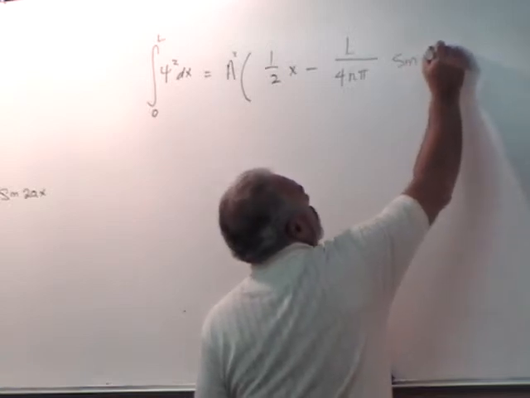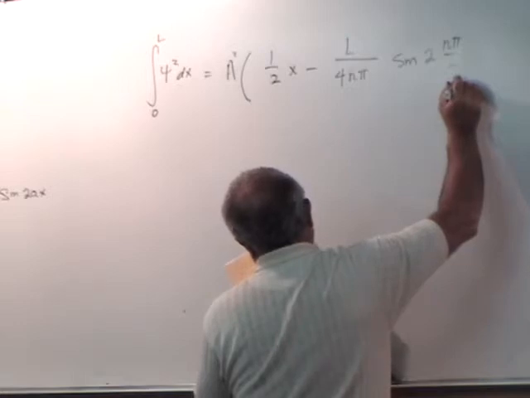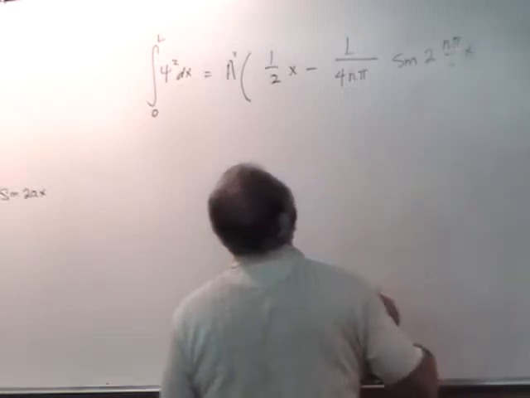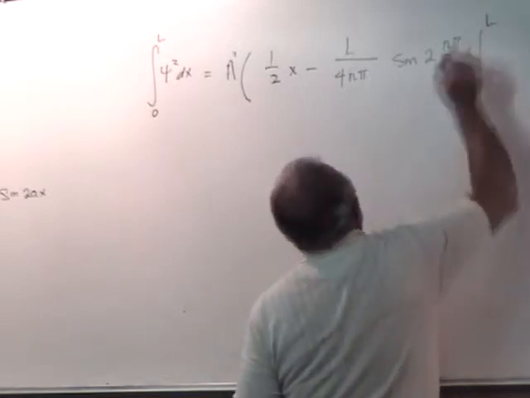So we have 2 n pi over L x. And this whole thing is evaluated between 0 and L.